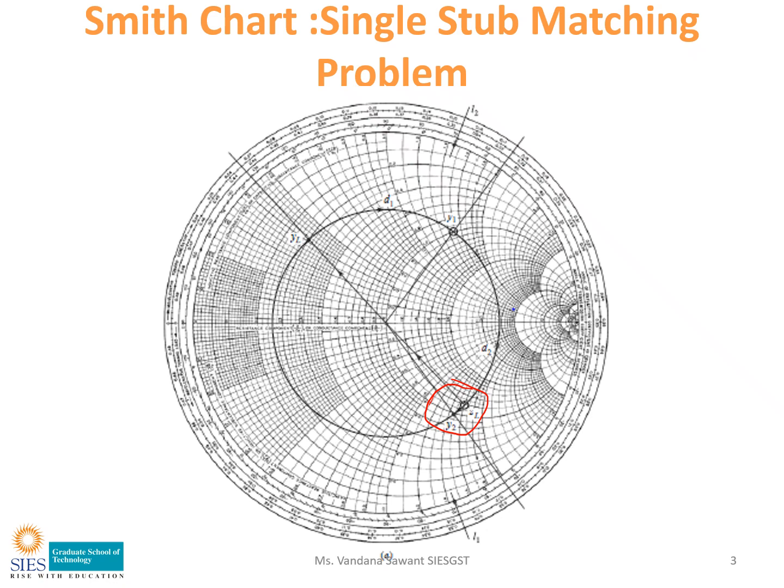So we need to find YL, that is the load admittance. For this, we draw a line from the center of the graph to ZL, and we take the compass, take this radius from the center to ZL, and draw the circle passing through ZL. This circle is called the VSWR circle.